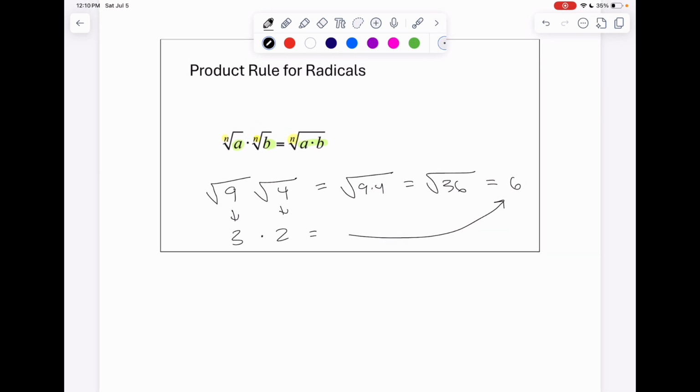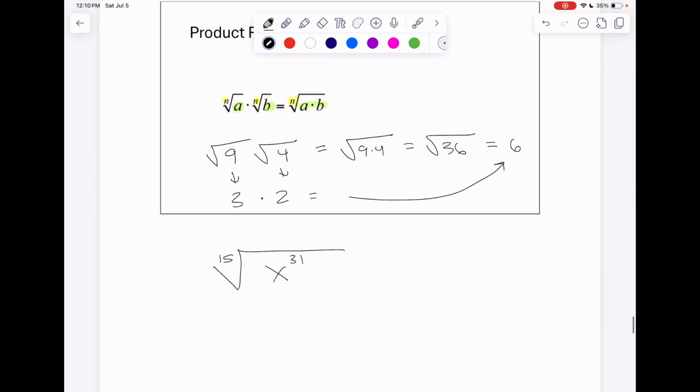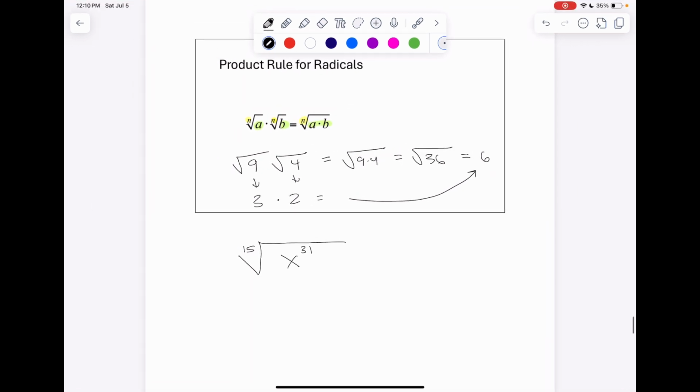Remember when we had the 15th root of x to the 31? And we rewrote x to the 31 as x to the 15th times x to the 15th times x to the 1st. And all that was to the 15th root. Remember, we broke it apart. And again, that's because of our product rule of radicals. We could take the 15th root of x to the 15, the 15th root of x to the 15, and the 15th root of x to the 1st.